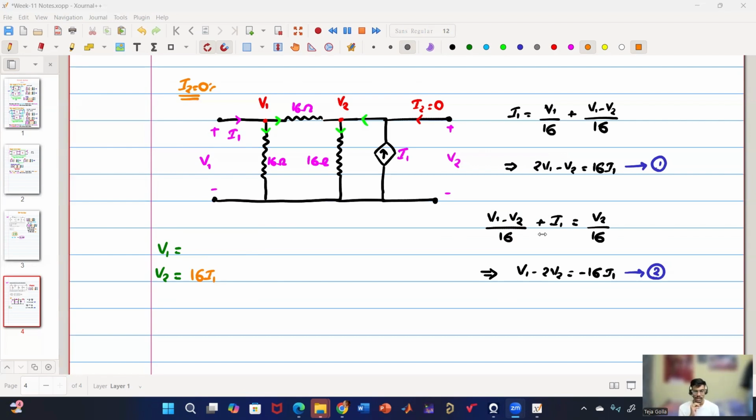Take it to the LHS, and then tell me what is there on the RHS. Then let us cross check with everyone if it is matching or not. And also calculate V1, don't tell just one expression. Once you get both V1 and V2, substitute it in one of the equations and see if it is correct or wrong.